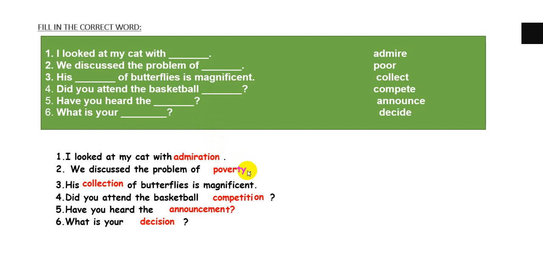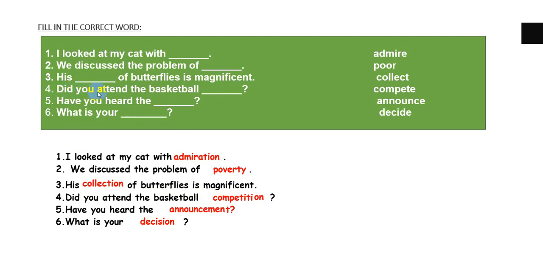We discussed the problem of poverty. Number 3, his blank of butterflies is magnificent. Collect. So, his collect of butterflies is magnificent? No. Super wrong. His collection of butterflies is magnificent.